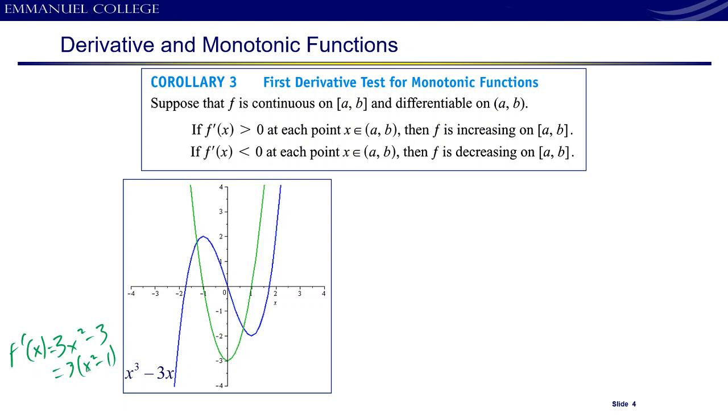The roots of this are 1 and negative 1, and finding the roots is the same as saying where does it equal 0. And you can see where the derivative is positive, then the function is increasing. Where the derivative is negative, the function's always decreasing.